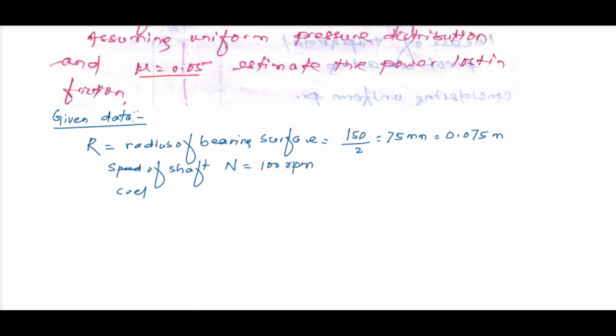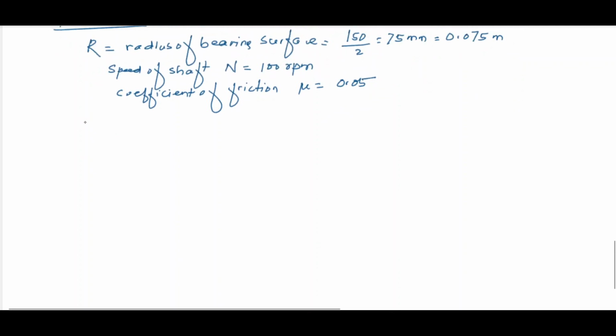Then the coefficient of friction mu is given as 0.05. Then the load acting on the shaft or bearing load, sometimes we call it W, is given as 20 kilonewton.